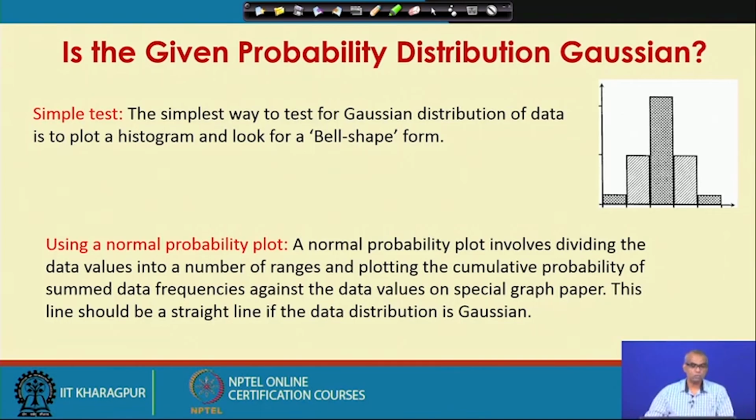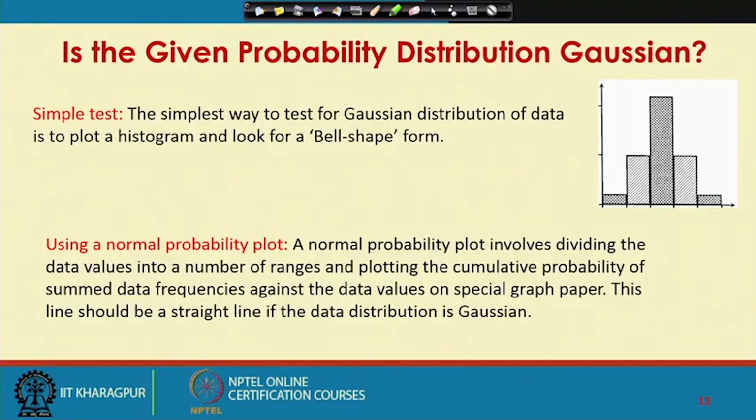How do I know that a given probability distribution is Gaussian or normal in nature? You have done a series of experiments. Suppose you have measured a standard known temperature several times, or you are measuring a random variable several times.